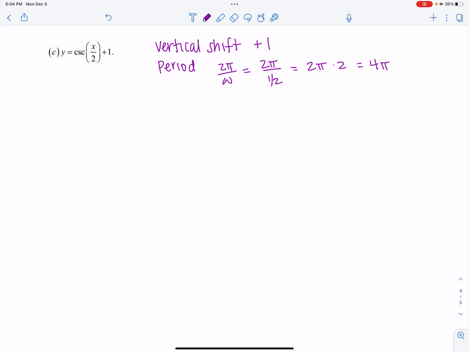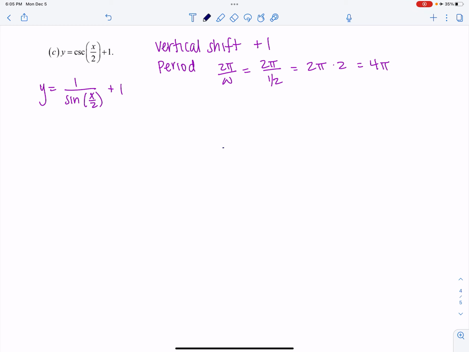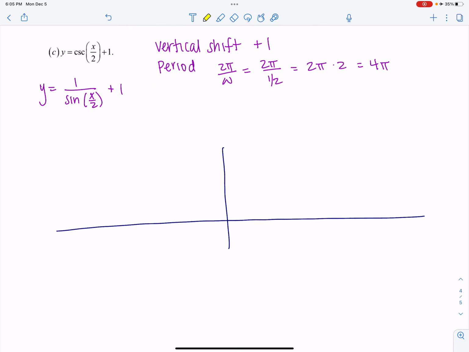Now, what do we know about cosecant? Well, it's 1 over sine. So we're looking at 1 over sine of x over 2 plus 1. So let's get a guide going. My guide this time is going to be sine, but it's shifted up by 1. So instead of going from 1 to -1, now it's going to go from 2 to 0.